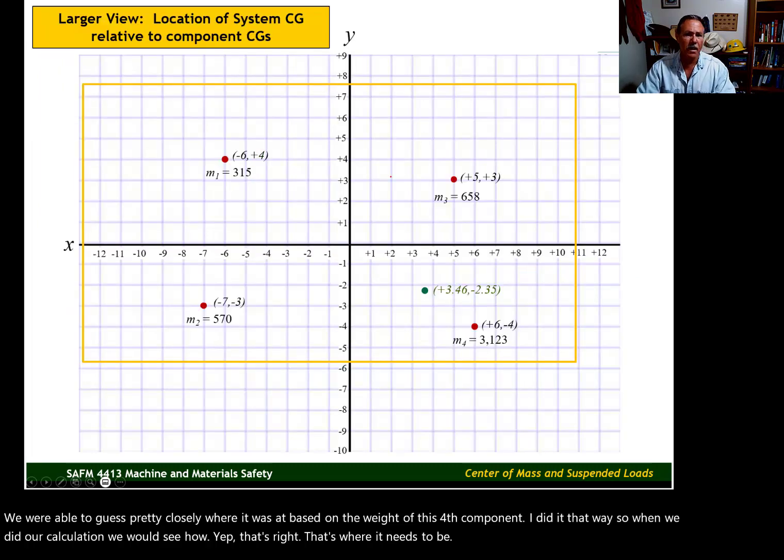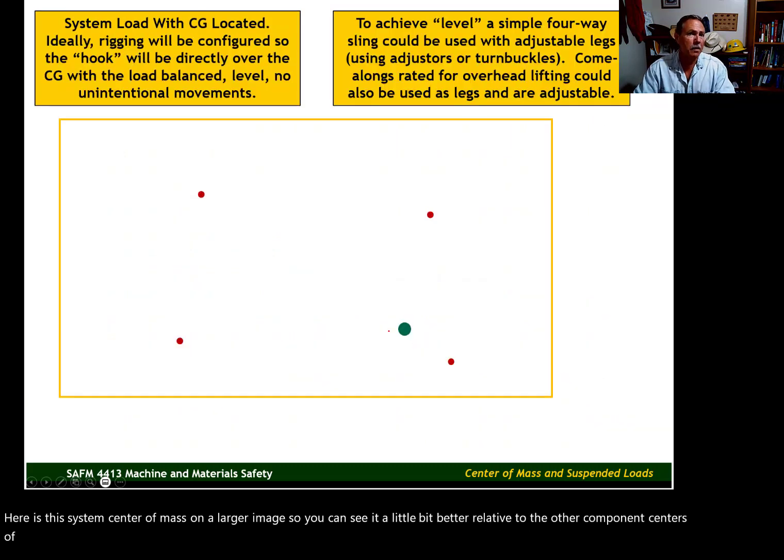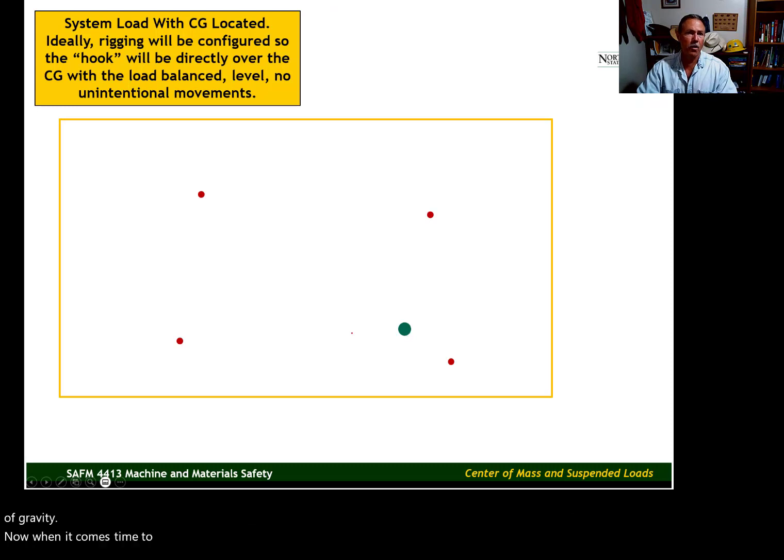Now here is this system center of mass on a larger image, so you can see it a little bit better relative to the other component centers of gravity. Now, when it comes time to rigging, we want, ideally, our rigging to be configured so the hook will be directly over this center of gravity.